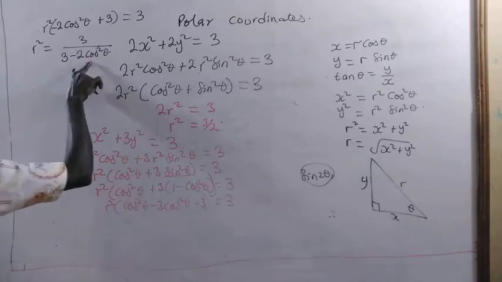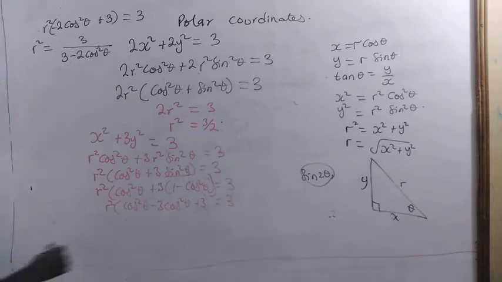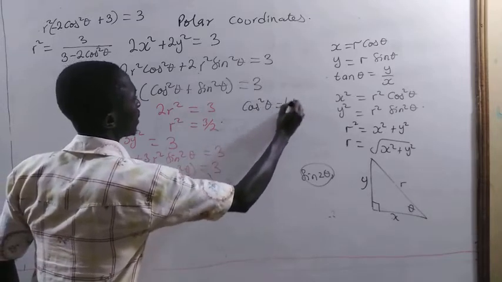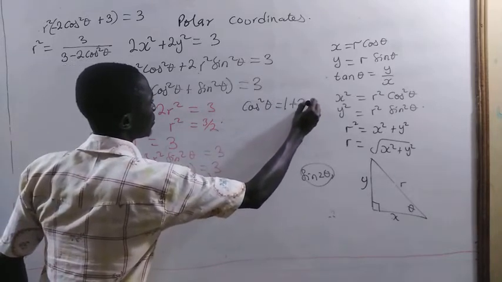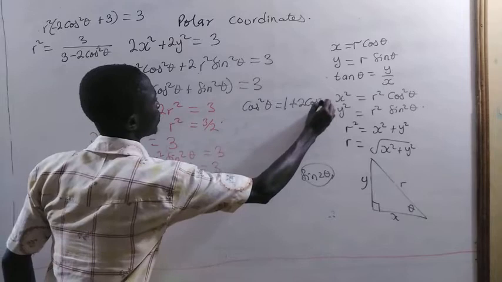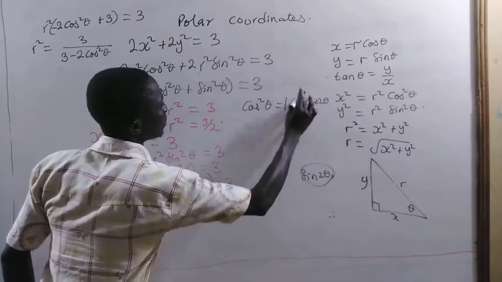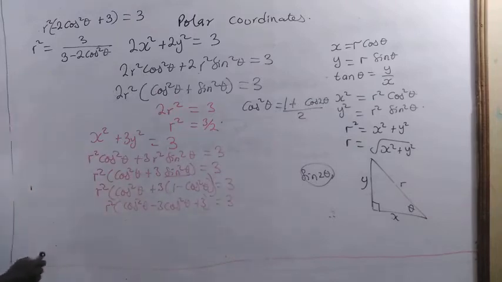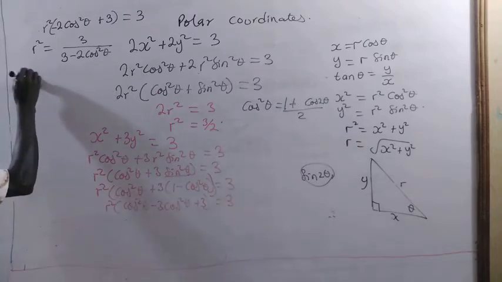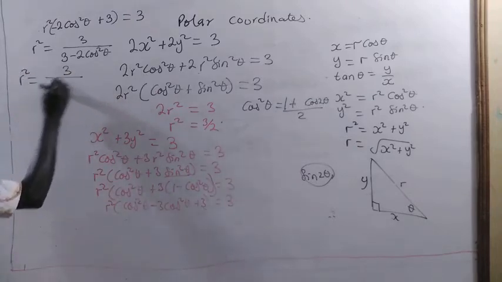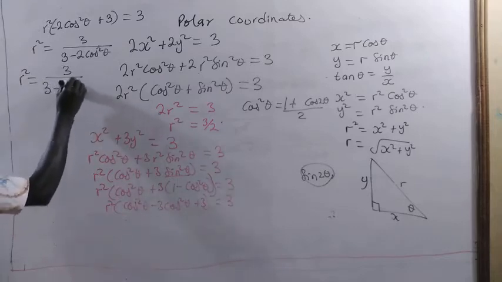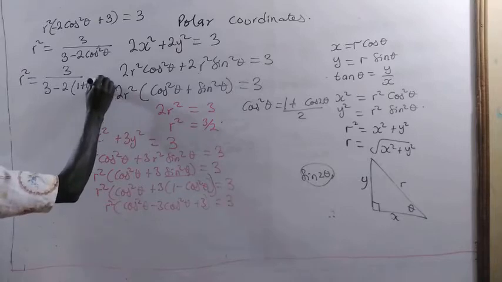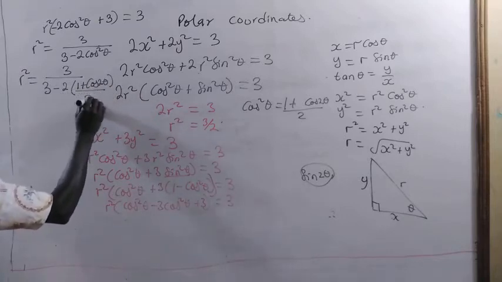But with this one, we can replace cosine squared theta with 1 plus cosine 2 theta divided by 2. So here we have r squared equal to 3 divided by 3 minus 2 into bracket 1 plus cosine of 2 theta divided by 2.